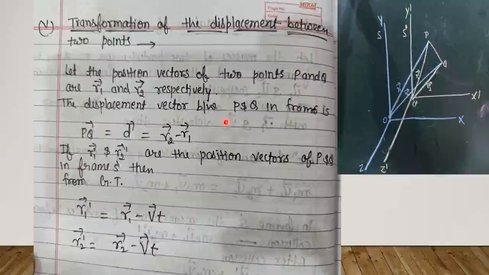So the displacement vector between P and Q in frame S is PQ equals r2 minus r1. From the Galilean transformation, we have r1 dash equals r1 minus Vt and also r2 dash equals r2 minus Vt, where r1 dash and r2 dash are the position vectors of P and Q in frame S dash.